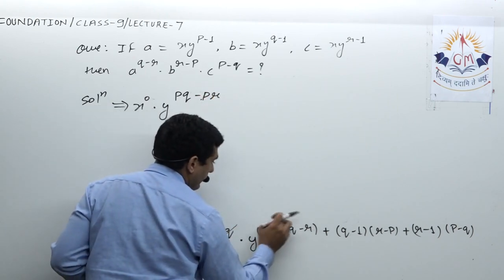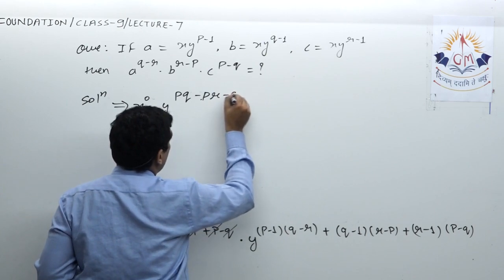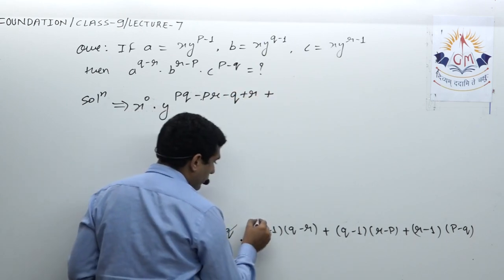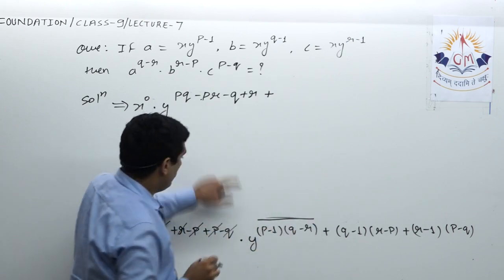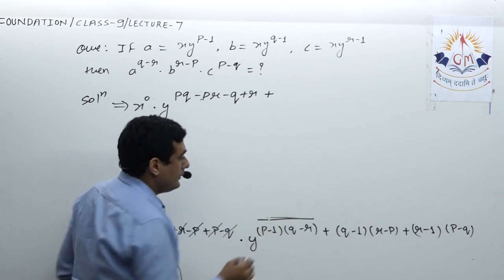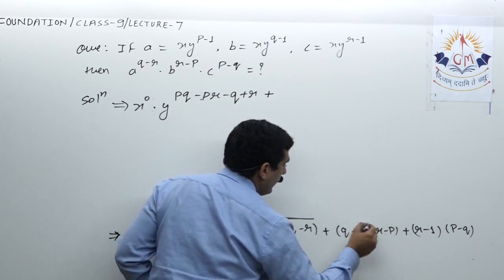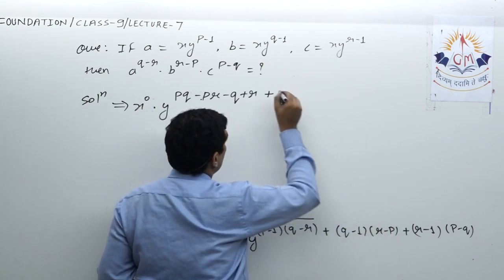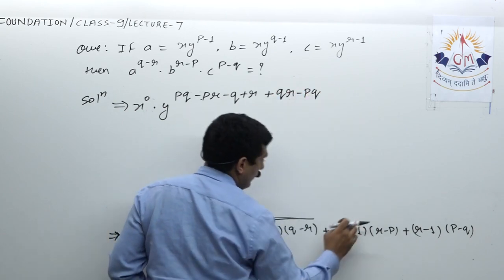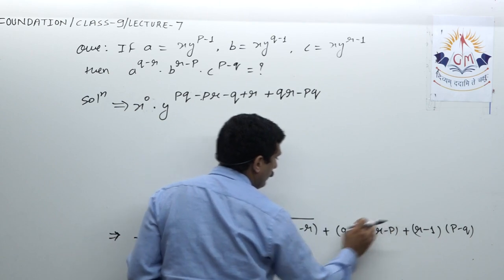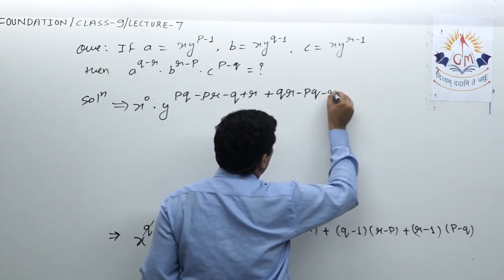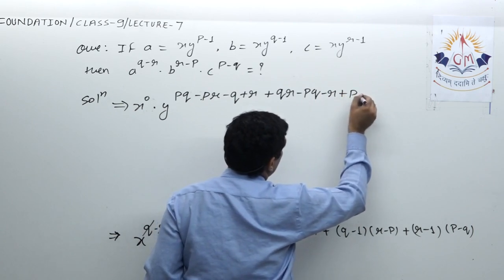pq minus pr, then minus q plus r. So this is pq minus pr minus q plus r. Now these two, qr minus pq, minus r plus p.